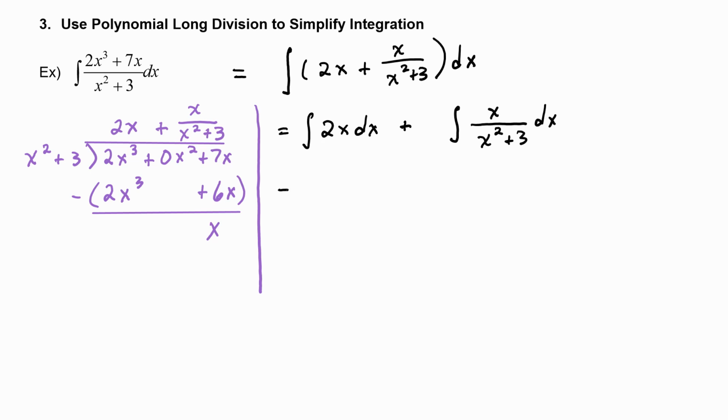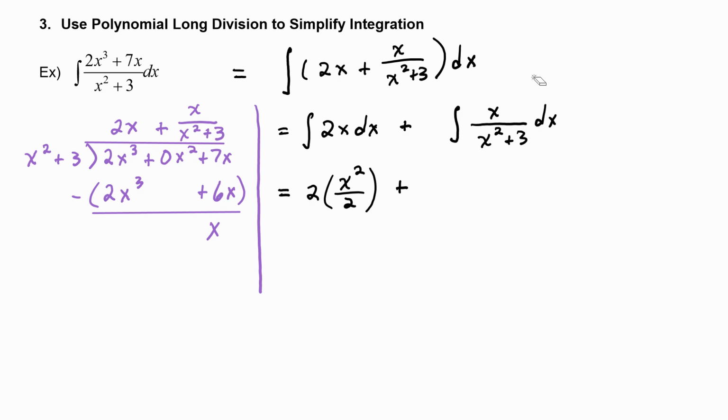Now this is going to equal this first integral, really easy to do. We have 2 times x squared over 2. Now we know we would get a plus c from this integral and another plus c from this integral, so we're going to just tack on 1 plus c at the end. So let's bring down this plus sign.